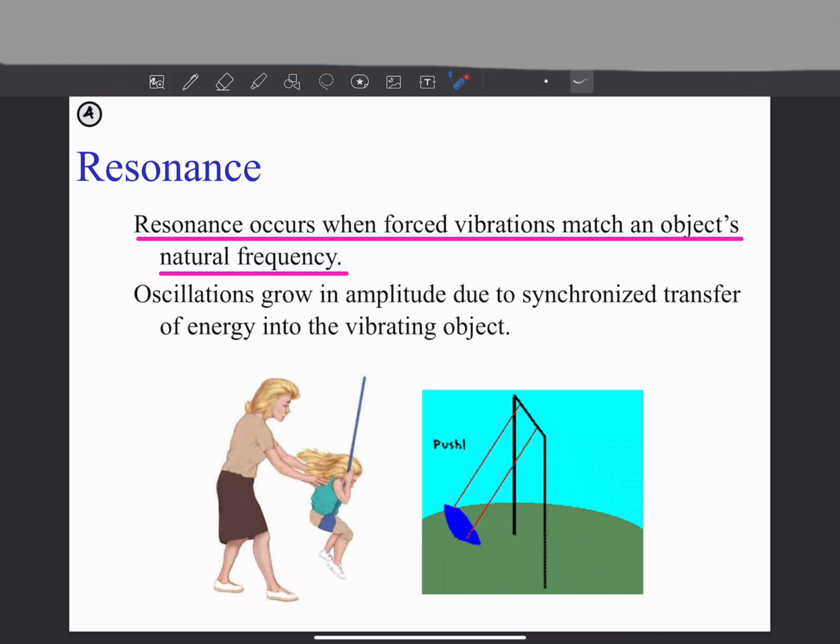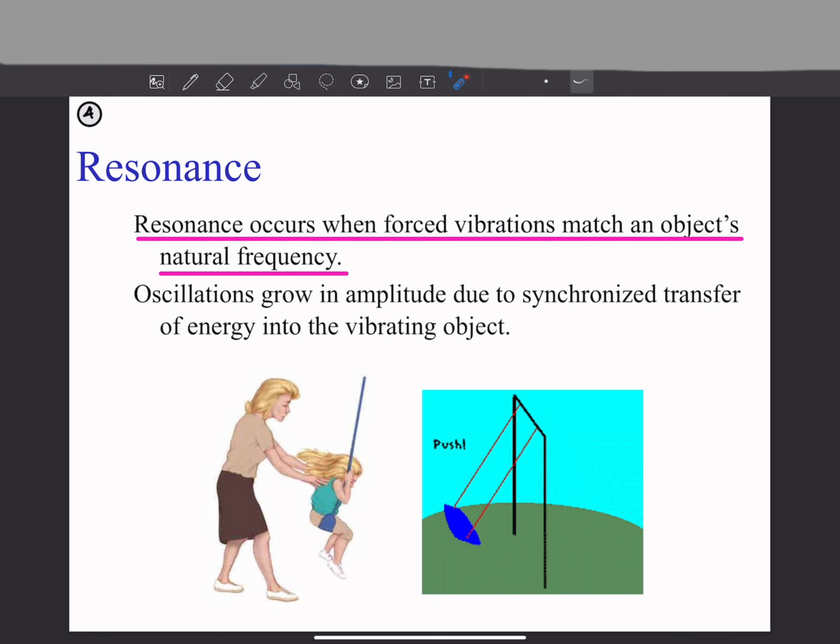So simply the resonance you can define in this way, that the resonance occurs when forced vibration matches an object's natural frequency. So this is very important. Then basically resonance is a phenomenon which will occur when the forced vibration will be equal to the object's natural frequency.